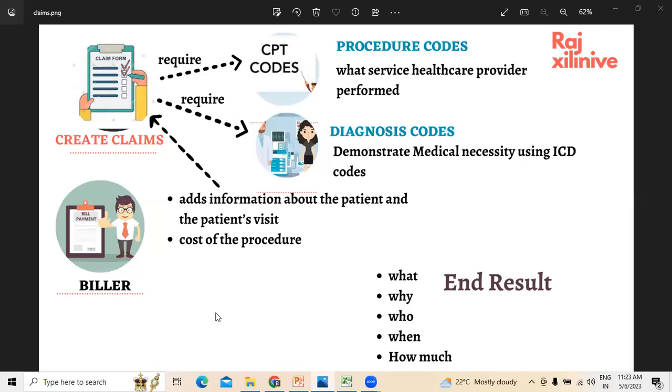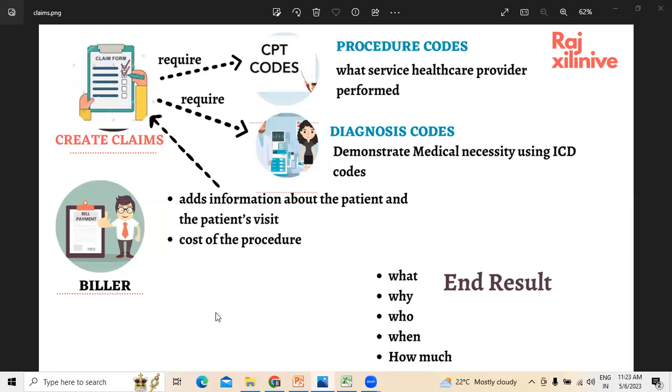When we talk about the coding process in healthcare, procedure codes are different, because the procedures they follow as part of the services are separate. Even diagnosis codes are separate, because they demonstrate the diagnosis they made. At the same time, claim codes will also be separate, because whatever claims we are performing, there are different codes for them.